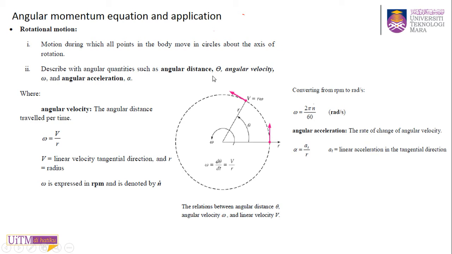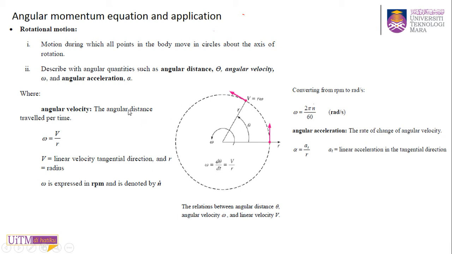Your angular distance is denoted by theta. Then you have your angular velocity, omega, and angular acceleration, alpha. So these are all the properties for angular motion, because it's moving in rotation.